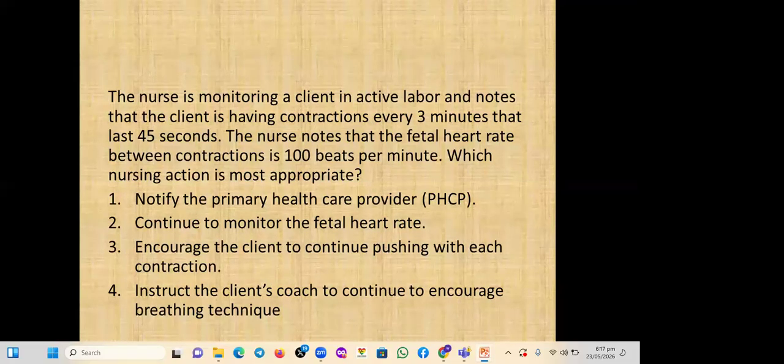Which nursing action is most appropriate? 1, notify the healthcare provider. 2, continue to monitor the fetal heart rate. 3, encourage the client to continue pushing with each contraction. And 4, instruct the client coach to continue to encourage breathing technique.